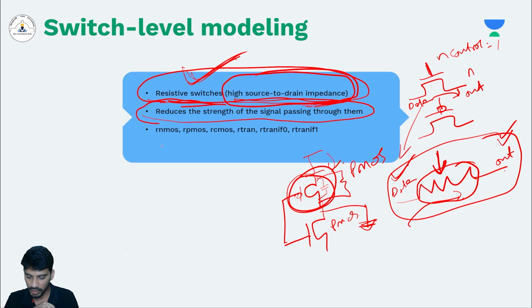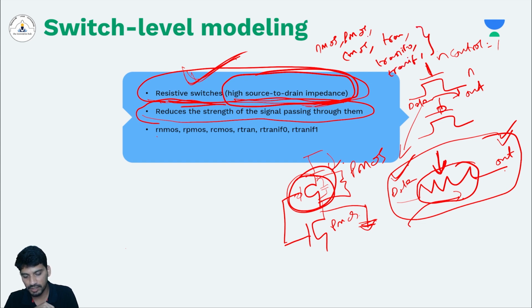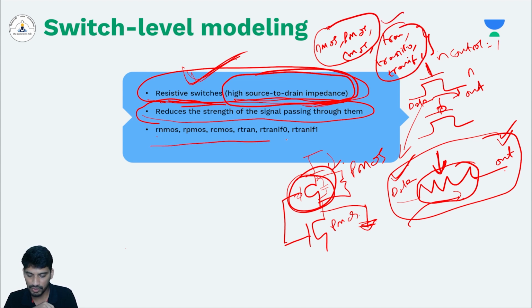Okay. So what is the syntax? Till now we have seen different switches like NMOS, PMOS, CMOS, tran, tranif0, and tranif1, right? These three are bidirectional switches and these three are single direction switches. All these switches can be resistive switches. You just need to put a letter R before that keyword, then it will act as a resistive switch.